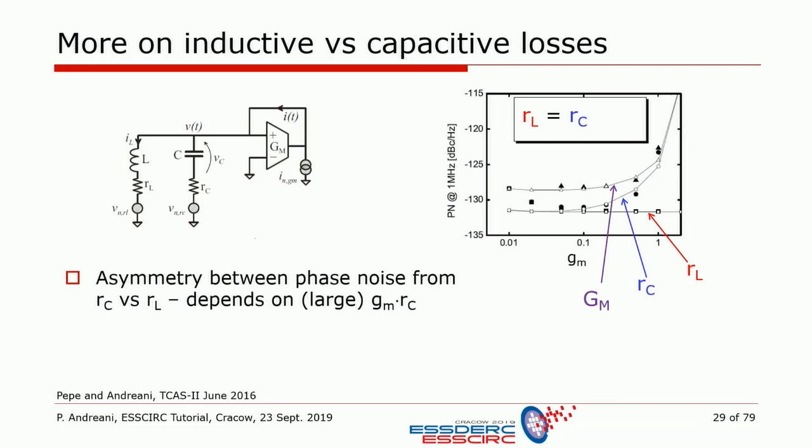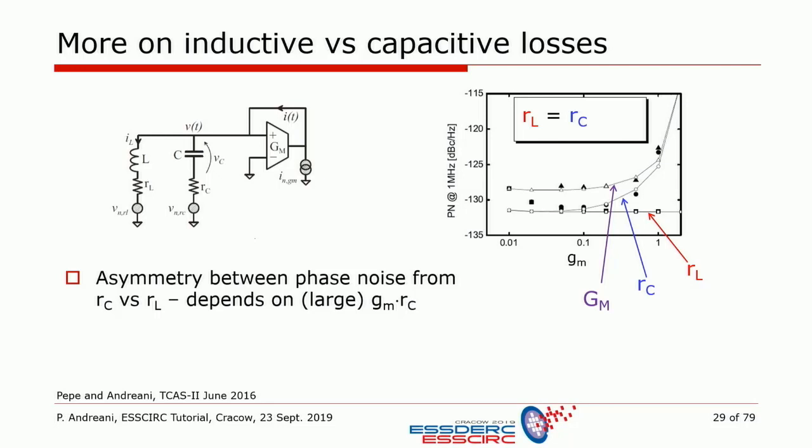All right. By the way, at this point, maybe I can have this slide. I didn't know really where to put this slide, so here, I guess, it's as good as anywhere else. Some remarks about the symmetry, or actually the lack of symmetry between inductive losses and capacitive losses.